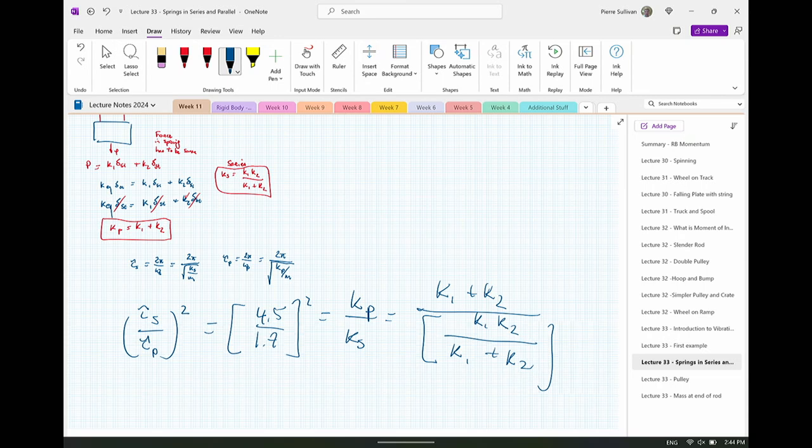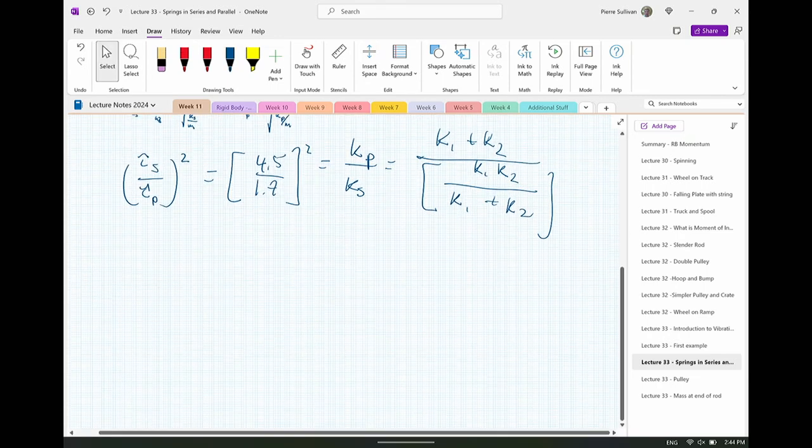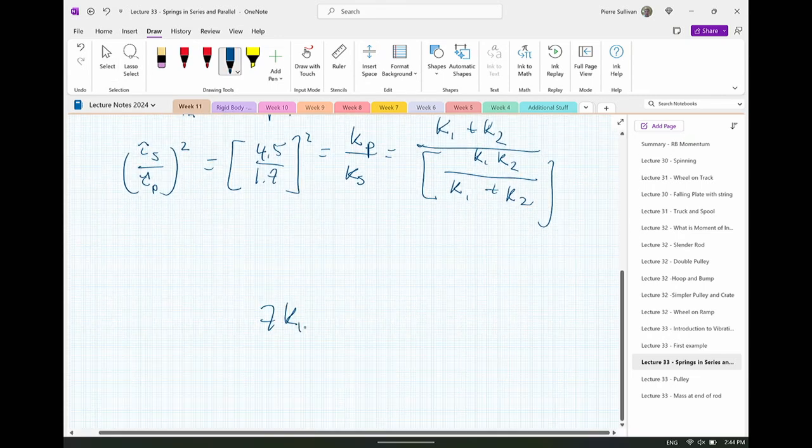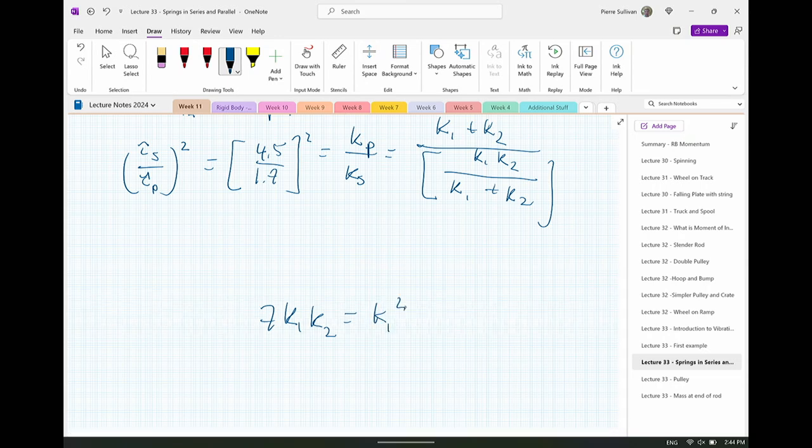So the ratio between the two ends up being 7 K1, K2, which equals K1 squared plus twice K1, K2 plus K2 squared.